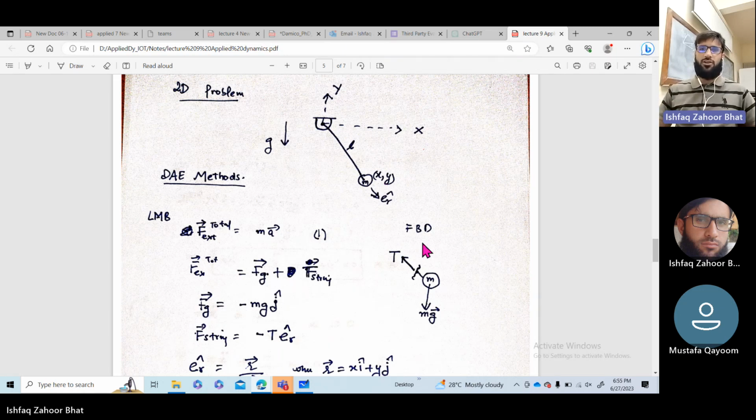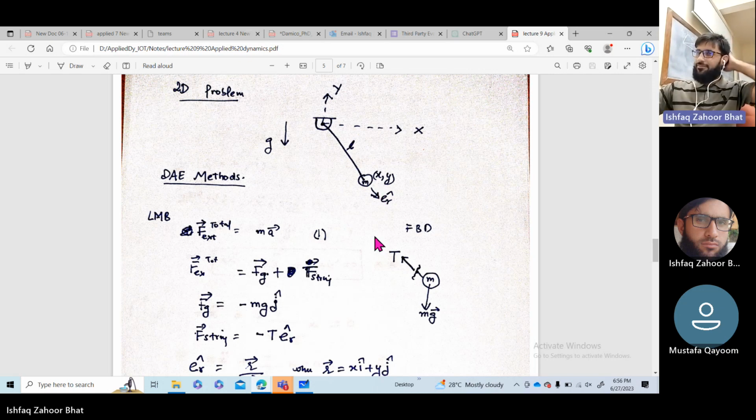It is not something which is constant like i and j. Yes, sir, it is a radial vector, and it is changing. It is not tangent, it is radial. Tangent means this. The mass doesn't change, the position of the mass changes.